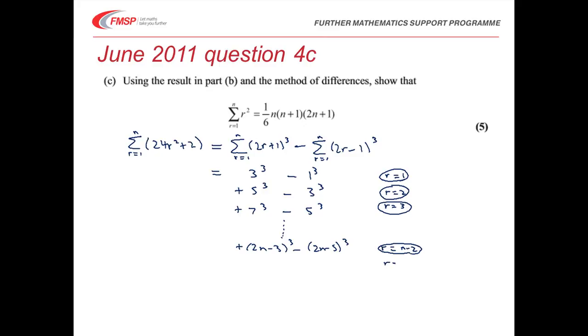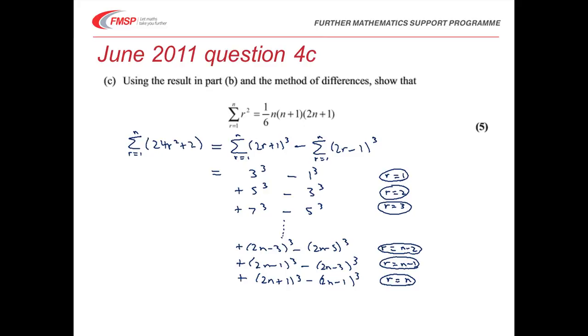Then I'm going to let r equal n minus 1, and that'll give me (2n minus 1) cubed minus (2n minus 3) cubed, and lastly the last term when r equals n, I'll get (2n plus 1) cubed minus (2n minus 1) cubed.